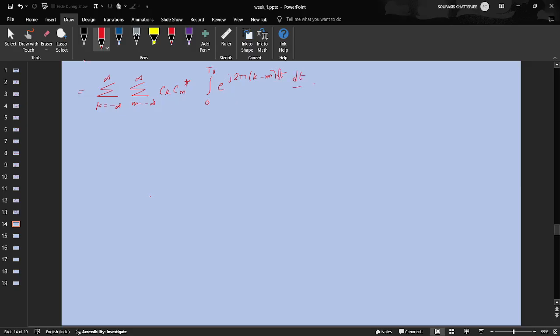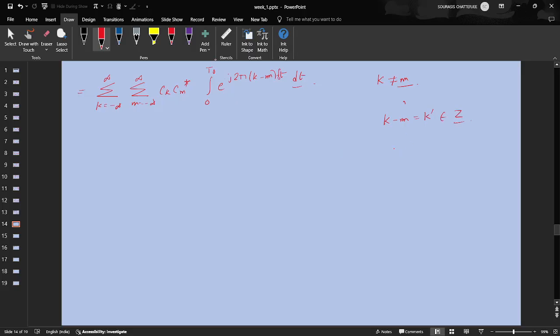Fine. Now let us closely focus on the case first when k not equal to m, because that is easier to handle. When k not equal to m, we will have k minus m as some k dash, that is some integer.